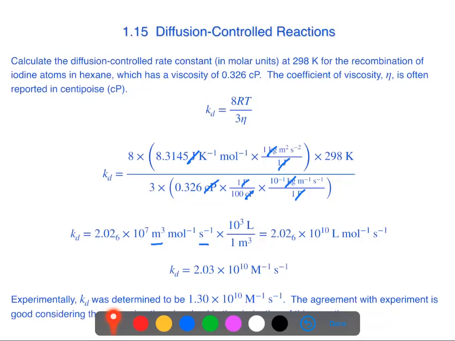So we need to convert the cubic meter to liter, and the conversion for that is 1,000 liters is equal to 1 cubic meter. That leads us to a value of 2.02, carry the 6 times 10 to the 10, liter mole minus 1, seconds minus 1. And finally, after rounding, our diffusional rate constant is 2.03 times 10 to the 10, molar minus 1, seconds minus 1.